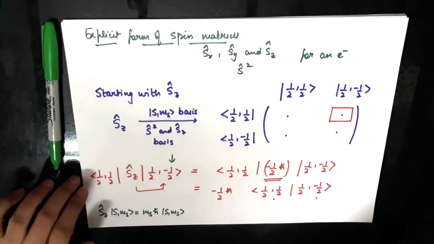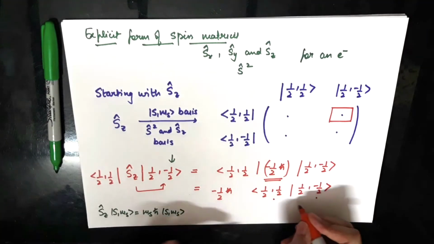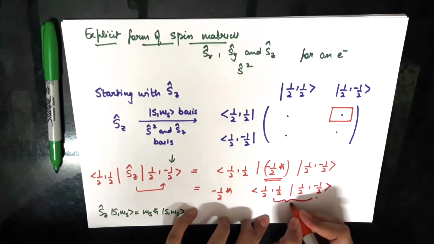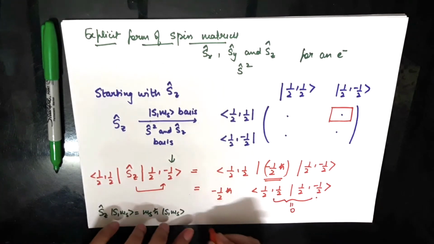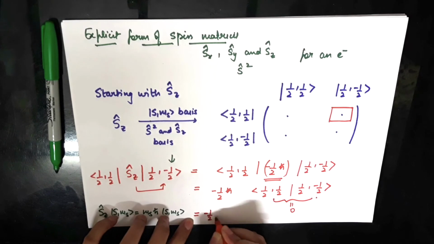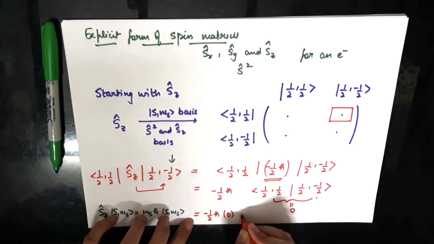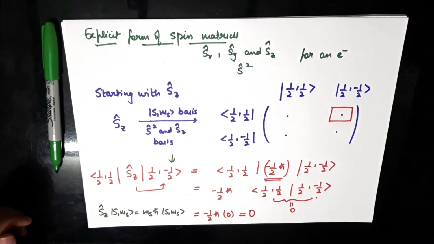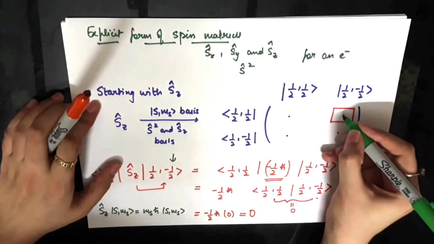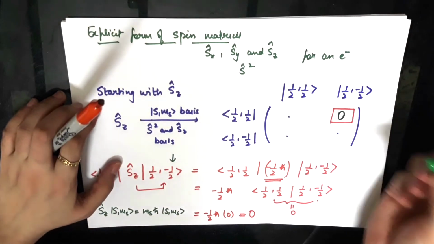So this inner product of half plus half and minus half should give me 0. So in all, I am going to get minus half h bar multiplied by 0, and this whole thing gives me 0. So the entry here should be 0.